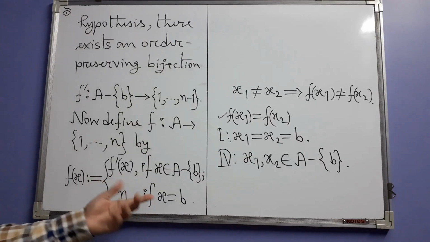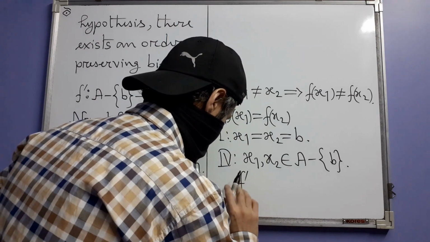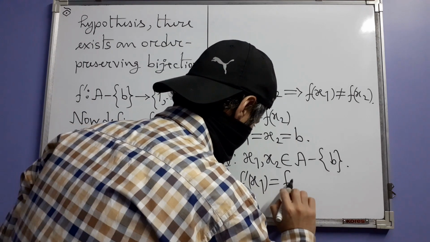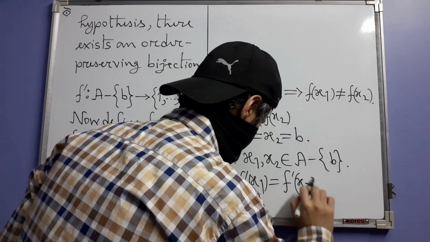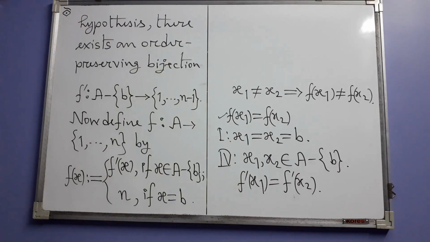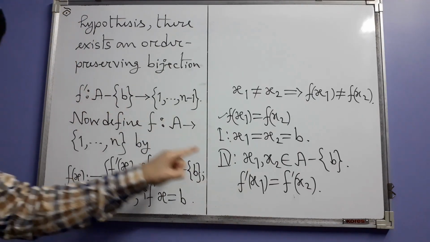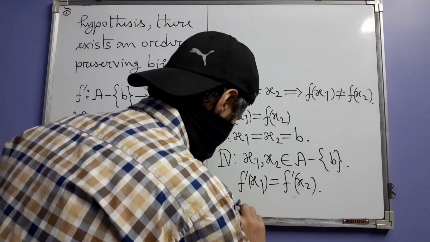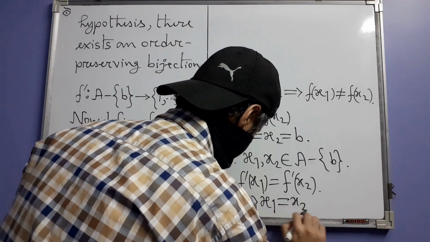Then, by definition, this equality reduces to this: f prime of x1 equals f prime of x2. However, you already know that f prime itself is a bijection, and so it is injective, it's one to one. That is why from this equality you further get x1 equal to x2.